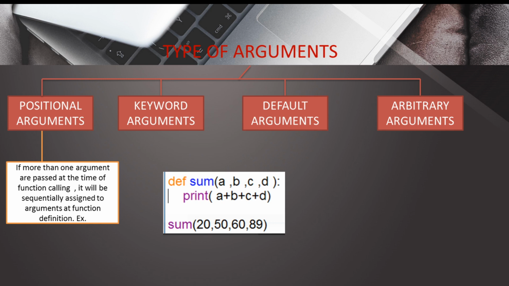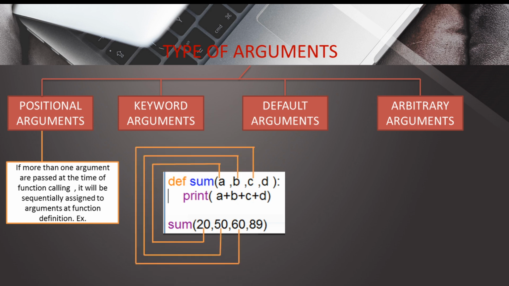Similarly in the function definition we are giving 4 variables to point to these values. So sequentially the values will be pointed to by the variables: A will point to 20, B will point to 50, C will point to 60 and D will point to 89. So this is known as a positional argument, where values are positionally or sequentially allotted to the arguments passed at the time of function definition.